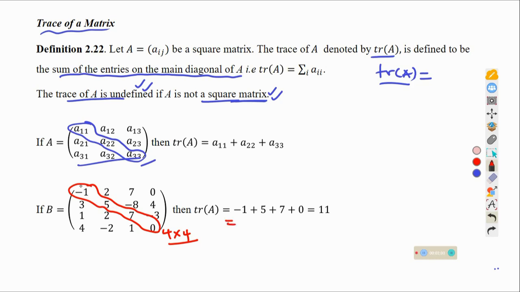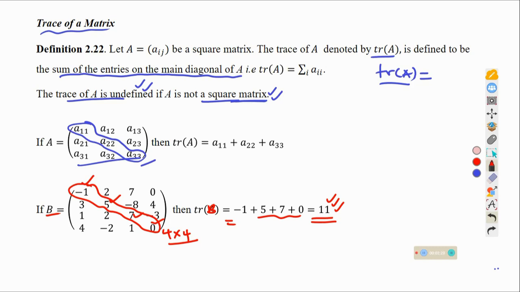So you are having -1, 5, 7, 0. Add them, and the value obtained will be the trace of that given matrix. So we shall have -1 plus 5, which is 4, plus 7, which is 11. So the trace of matrix B is 11.